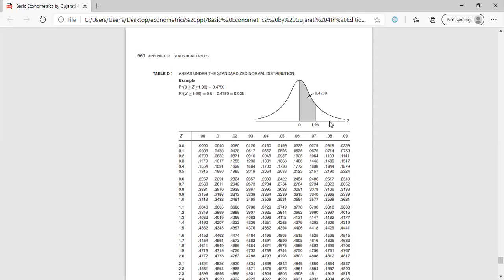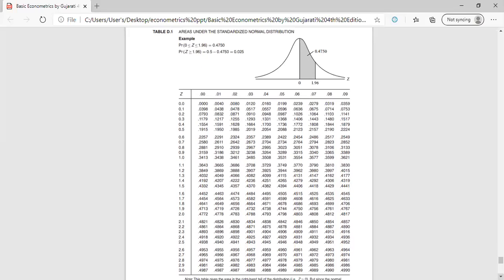Now, this table is arranged such that it gives you the value for only one side. So first find the area from 0 to 2.5. Do you know how to find it? Where do we have 2.5 in the table? 2.5 is here, and here is 0.00.